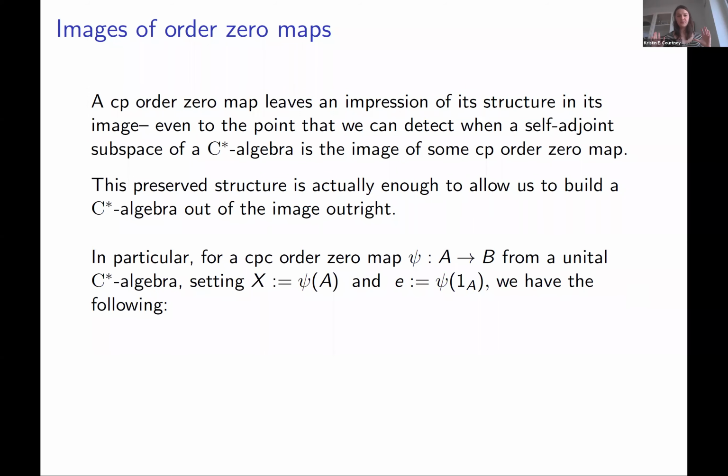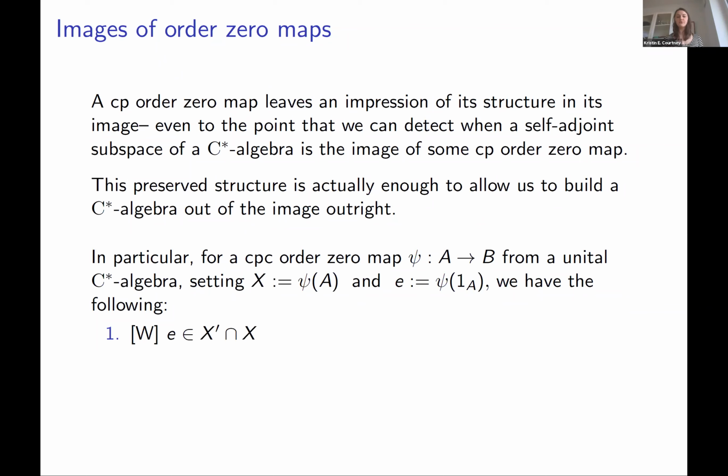So I need to highlight exactly the properties of a CPC order zero map I'm going to be using here. Let's take a CPC order zero map between two C-star algebras where the domain C-star algebra is unital. For simplicity, I'll write X for the self-adjoint subspace that's the image of A, and E for the image of the unit. Then we have the following.